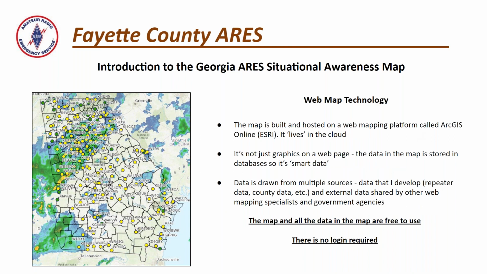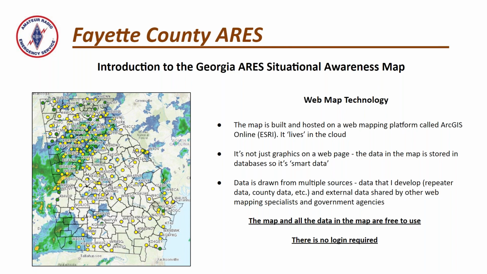Okay, let's talk about the technology that's running in the map. The map is built and hosted using a web platform called ArcGIS Online, and that's a service provided by a company out of Redlands, California called ESRI. They are the big dog in GIS worldwide. They are to GIS what Microsoft is to operating systems.